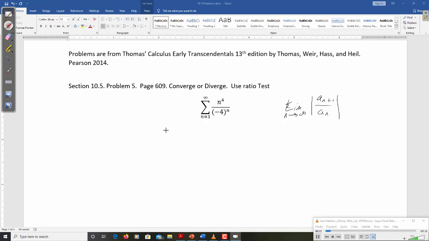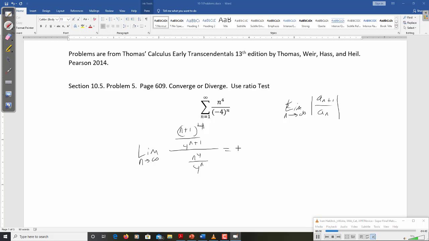So the (n+1)th term would be (n+1) to the 4th over 4 to the n+1. And then the nth term would be what I have right there, n to the 4th over 4 to the n. So we're looking at the limit as n goes to infinity of this.